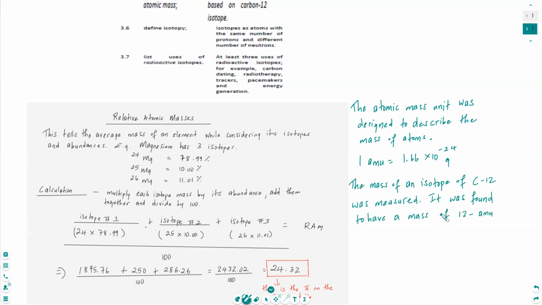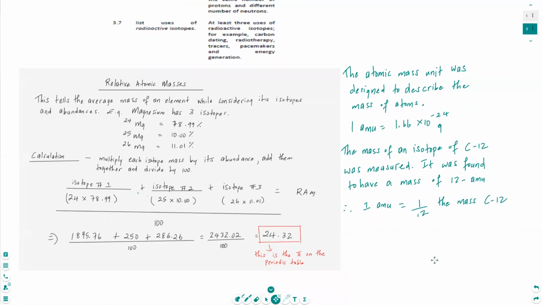Now, therefore, when we speak about one atomic mass unit, we can also say that it is 1/12 the mass of carbon-12, because if one atom of carbon-12 has a mass of 12 atomic mass units, then one atomic mass unit would be 1/12 the mass of carbon-12.